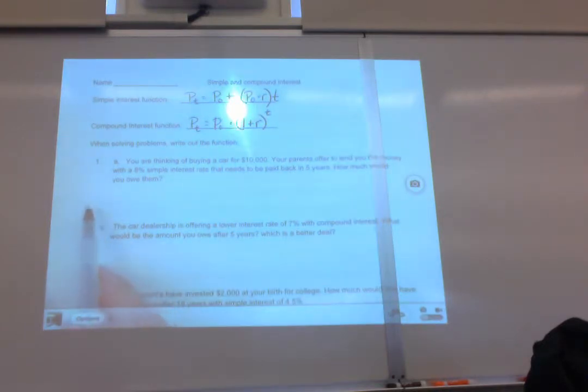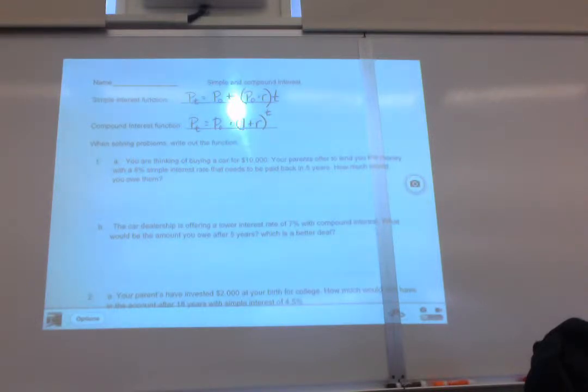I will. Number 1, A. Sam, could you read? You are thinking of buying a car for $10,000. Your parents offer to lend you the money with an 8% simple interest rate that needs to be paid back in 5 years. How much will you owe them?